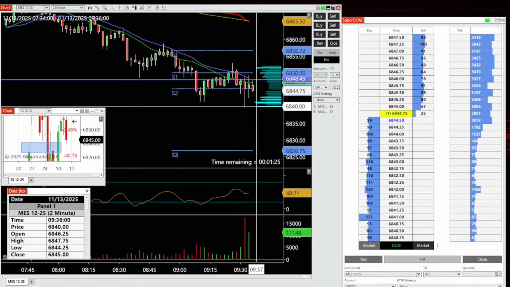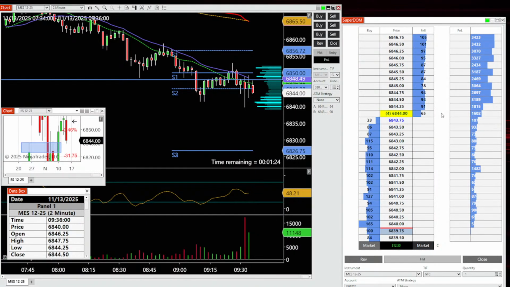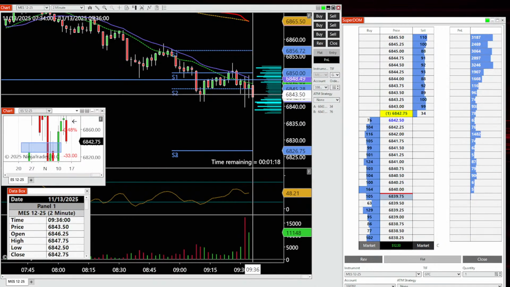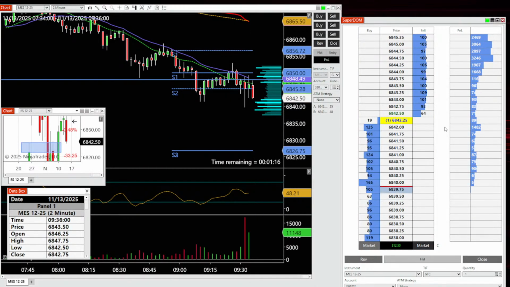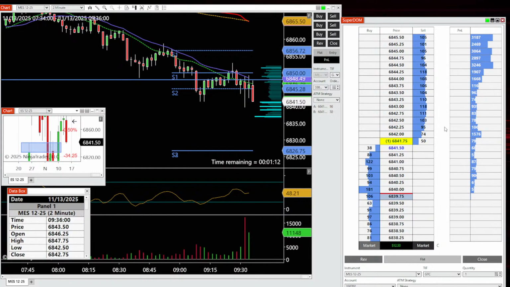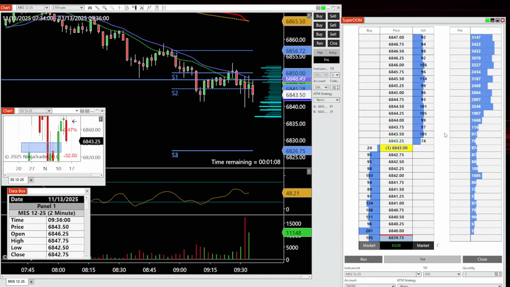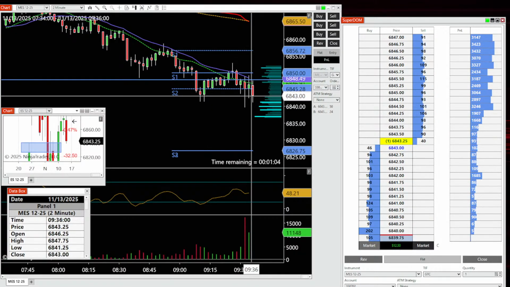Got to bounce off of 40. I don't want to take it in the first 15 minutes, but that's what'll happen. The first 15 minutes I want to take it, but then it'll run. The first 15 minutes has a lot of risk with the wicks and the pops.